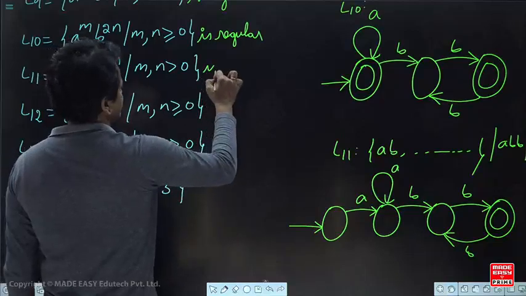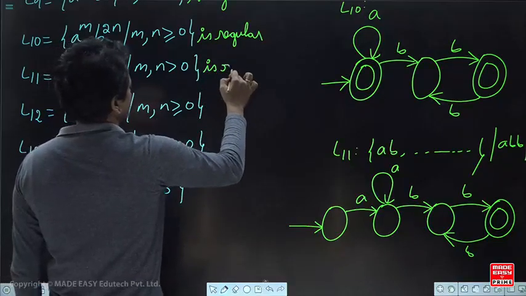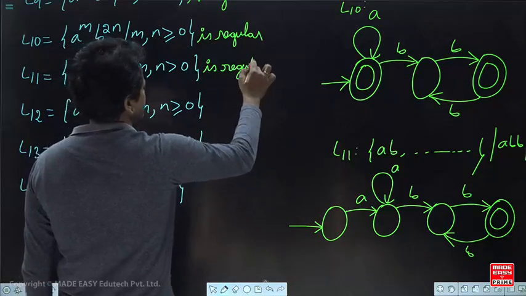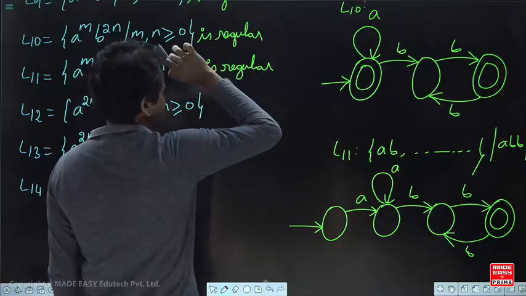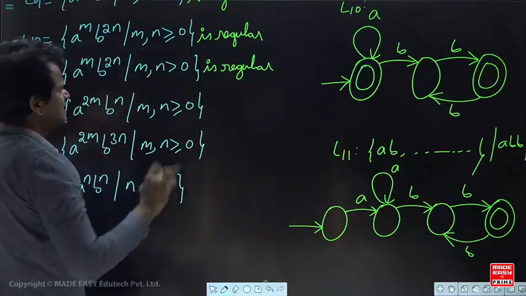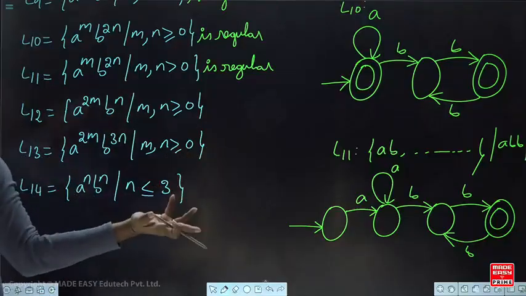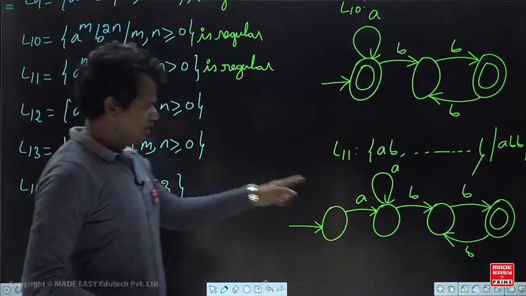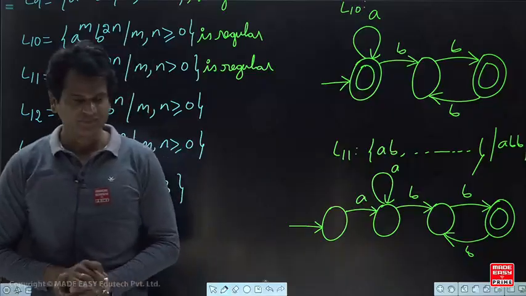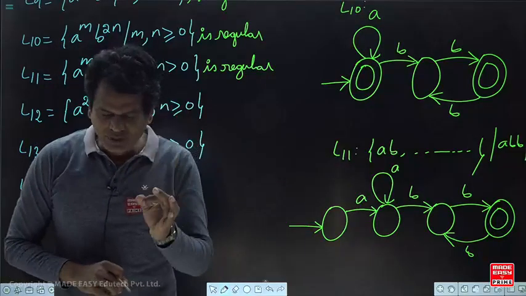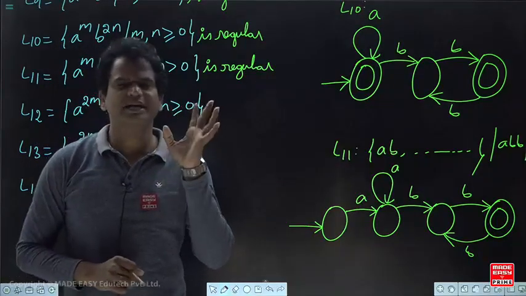We can construct a finite automata. And moreover, same question I am asking, same story I am repeating multiple times: how many strings will be there in L11? Infinite. All of them will be accepted. One thing: do you have any relation between A and B?